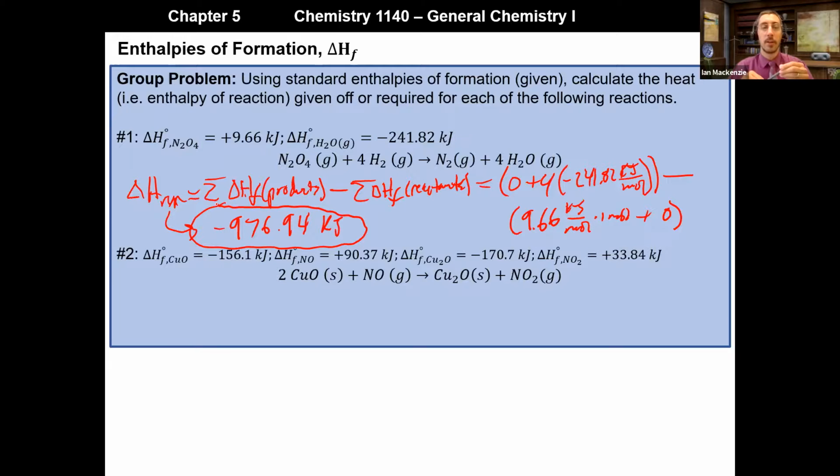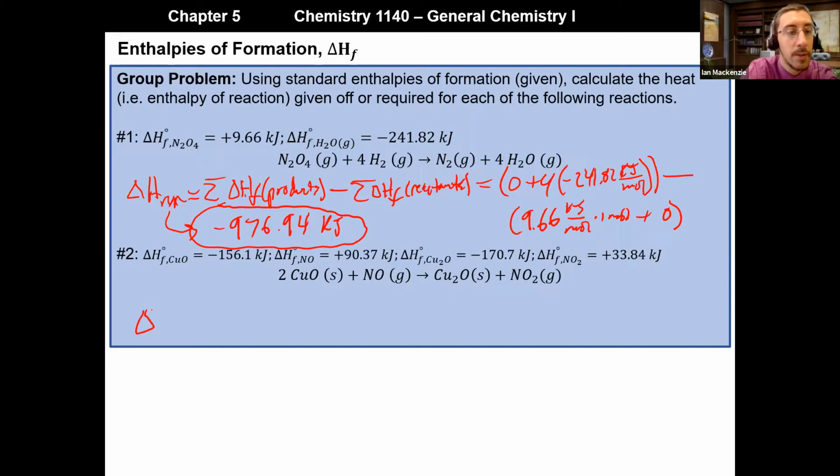Okay, now let's take a look at this bottom reaction. So here none of these species are in their elemental form. We're given the heats of formation for all of them. So we simply plug them in, multiplying by the appropriate numbers. It's again products minus reactants.